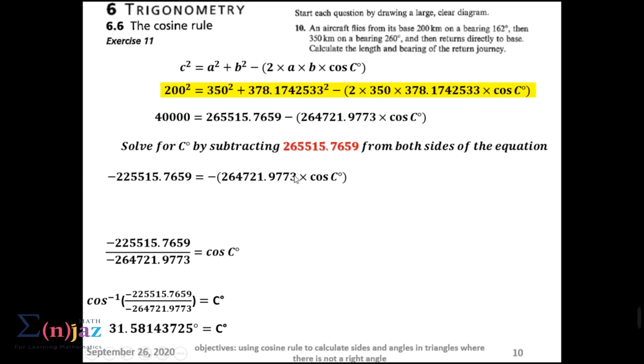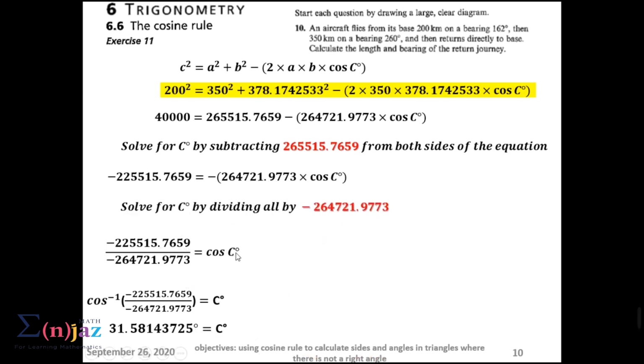And now we are solving for C once again. So we need to divide by negative 264,721.9773.